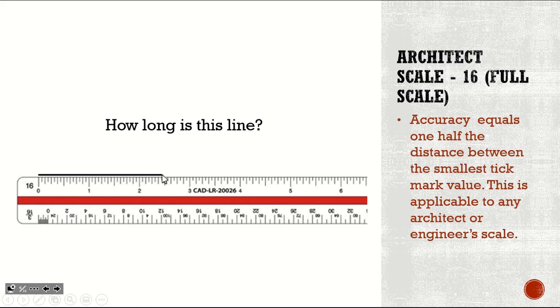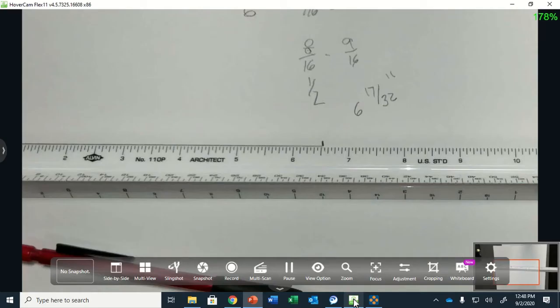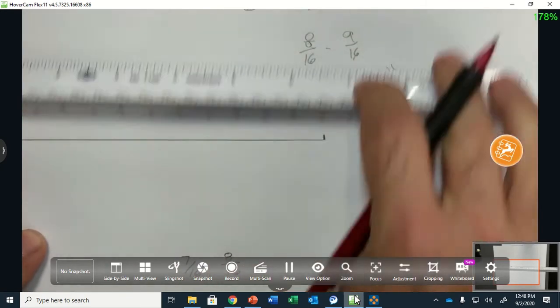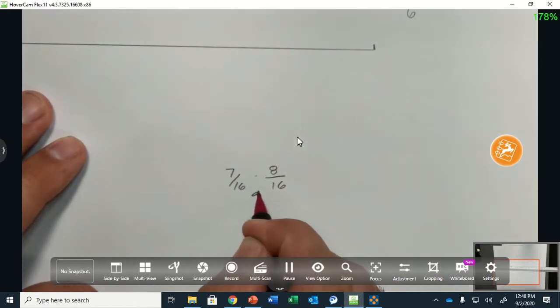So I know my answer is between 7 sixteenths and 8 sixteenths. Okay, so I need to find the midpoint between that.